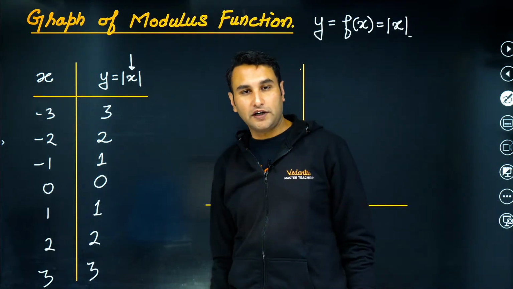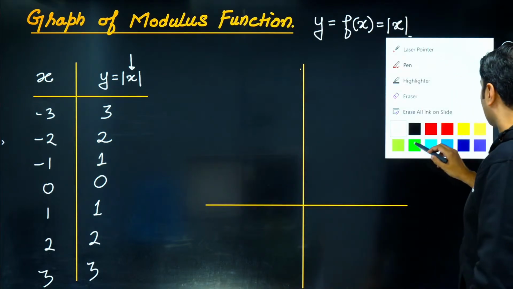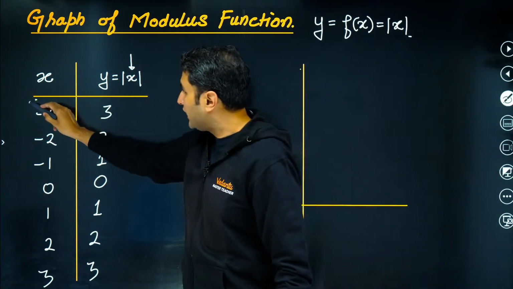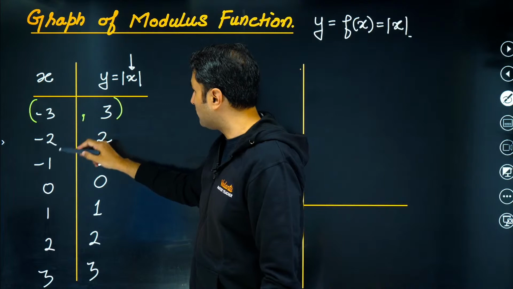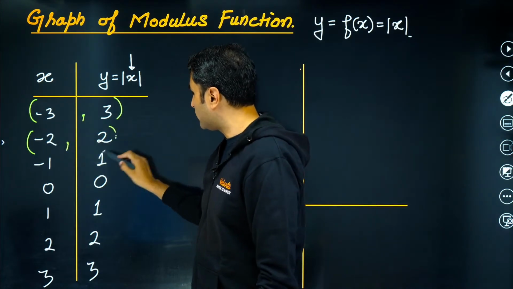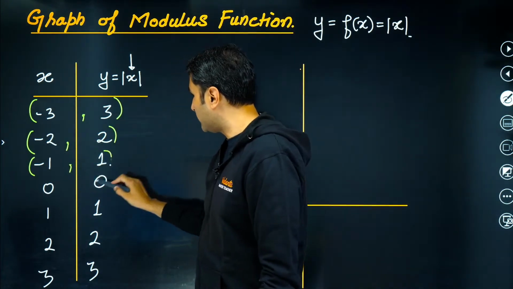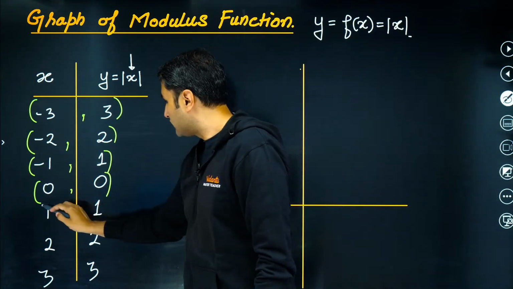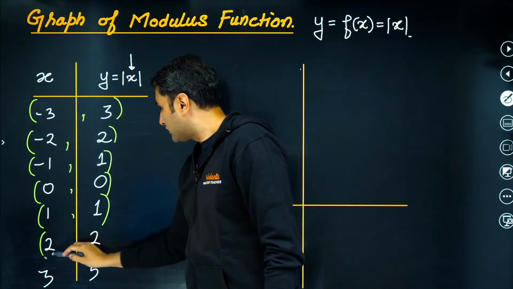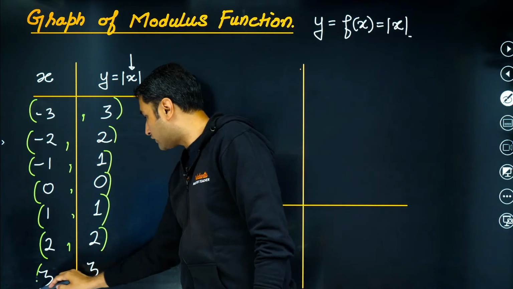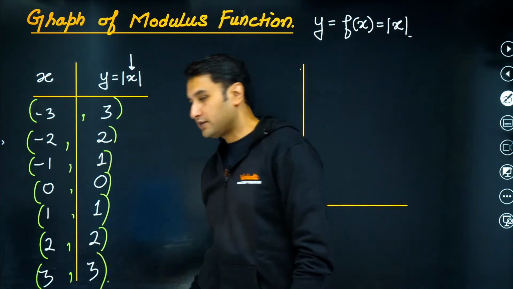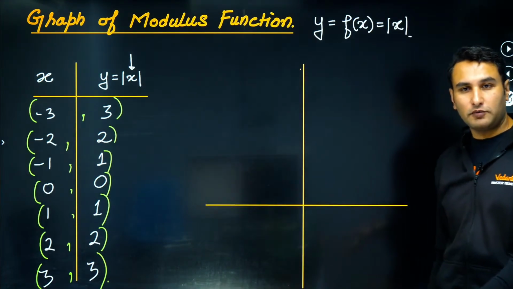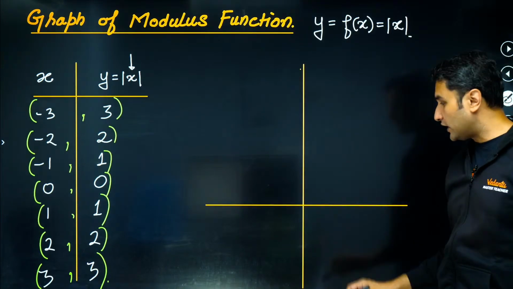So what are my pairs to plot the graph? The x, y coordinates: minus 3, 3, minus 2, 2, minus 1, 1, 0, 0, 1, 1, 2, 2 and 3, 3.